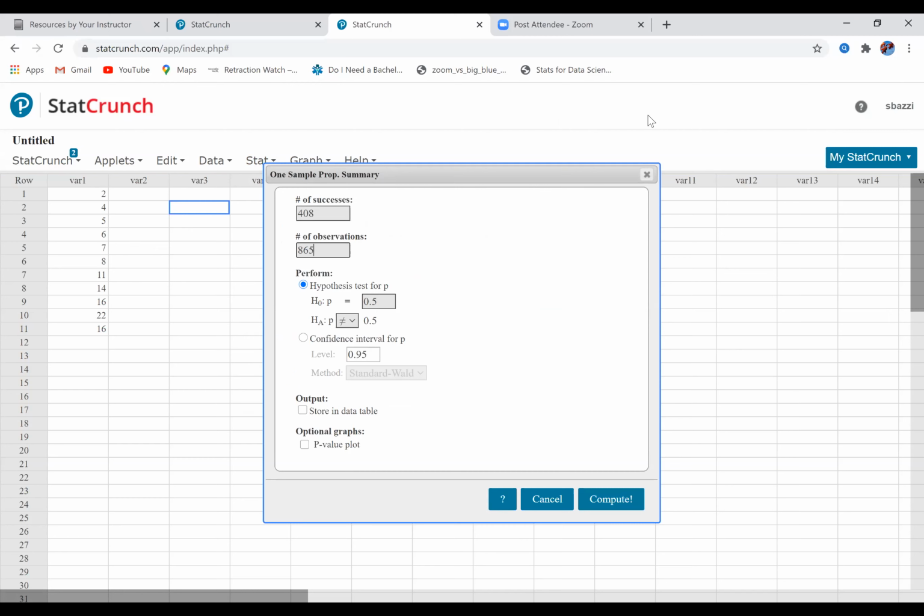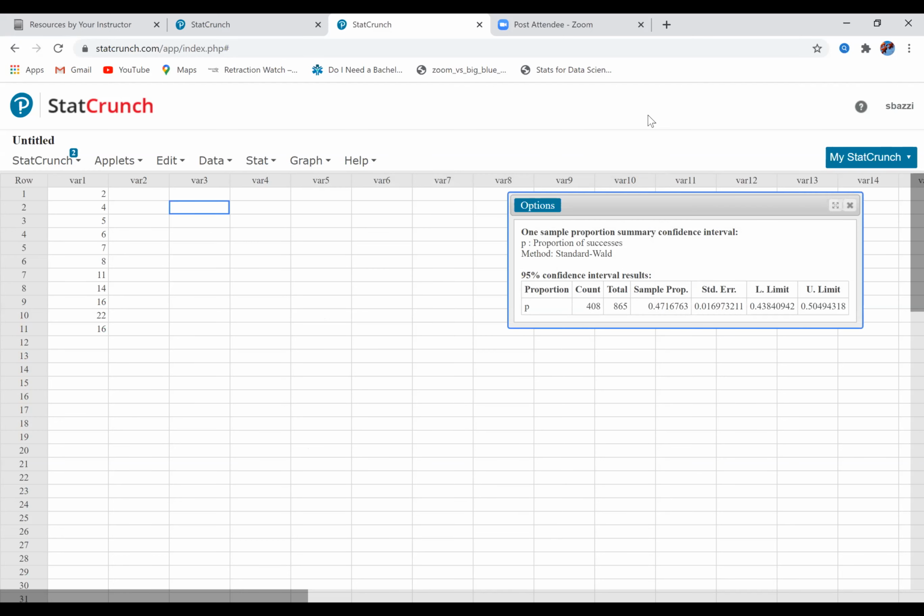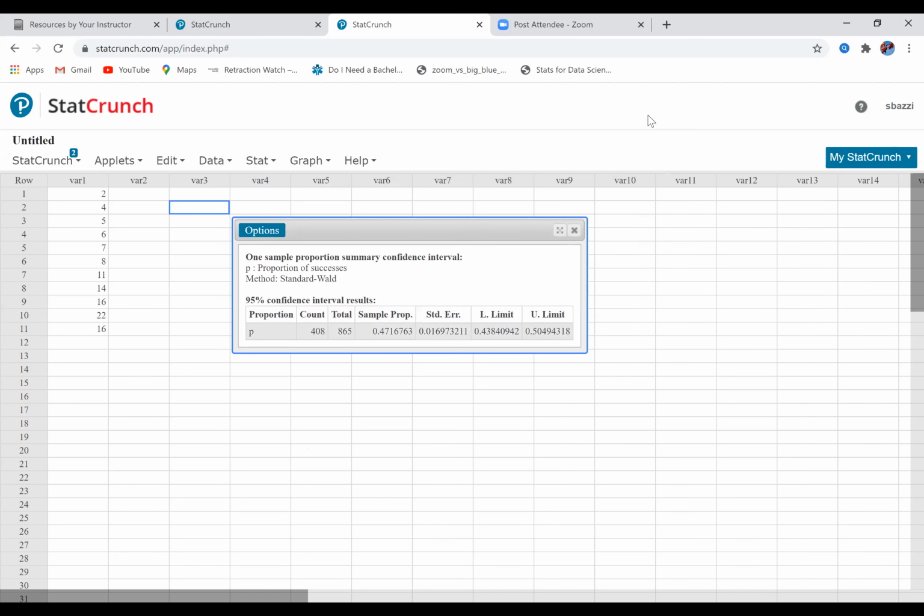We're not doing hypothesis testing, so you select confidence interval. And I want the 95%. Compute. Here you go, guys. Lower limit 0.438, upper limit 0.5049, which is 0.505. That's what I put. See how neat you can do that?